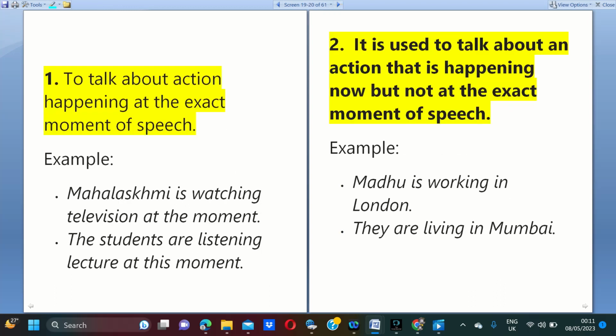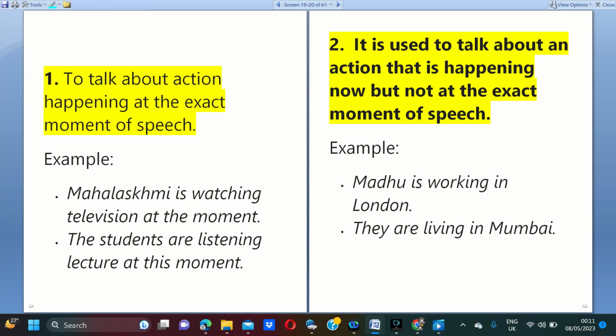First, to talk about action happening at the exact moment of the speech. Suppose there may be actions which can be spoken by present continuous tense at the exact moment of the speech. See here, Mahalakshmi is watching television at the moment.